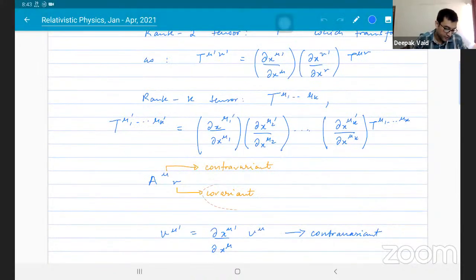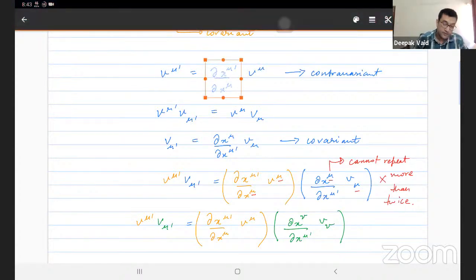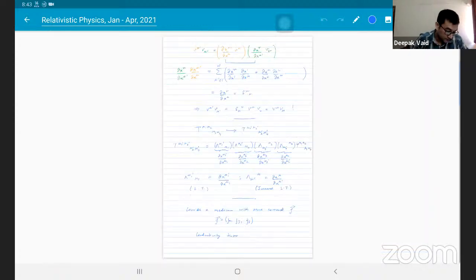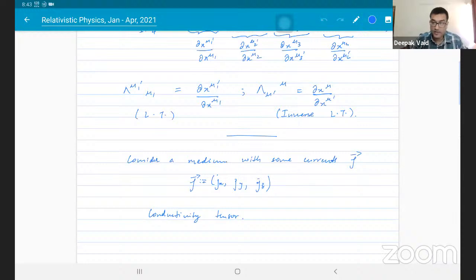These are called contravariant and covariant indices. Upper indices transform according to the Jacobian. Lower indices transform according to the inverse of the Jacobian. Okay, so this is all like definition.